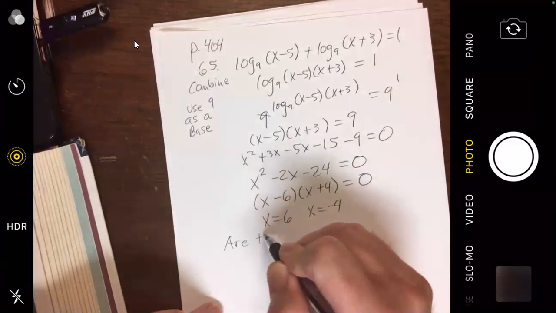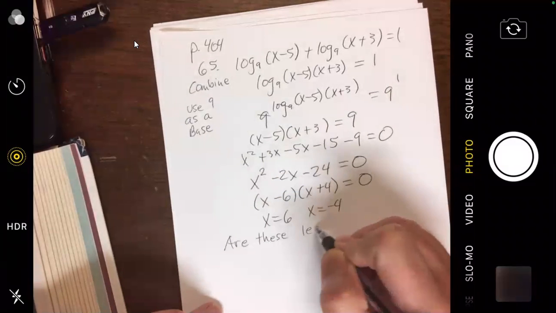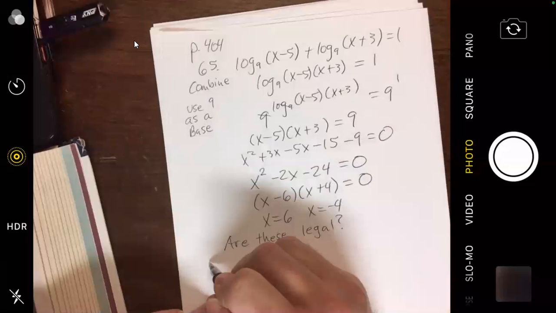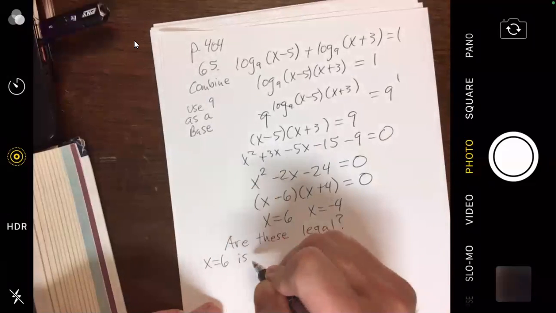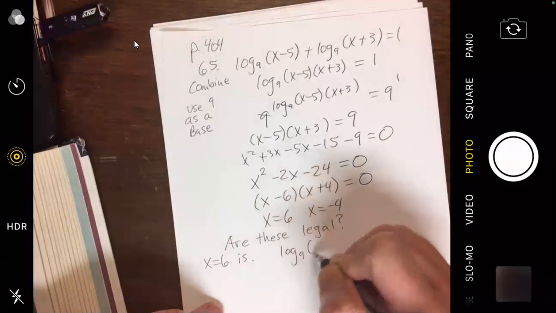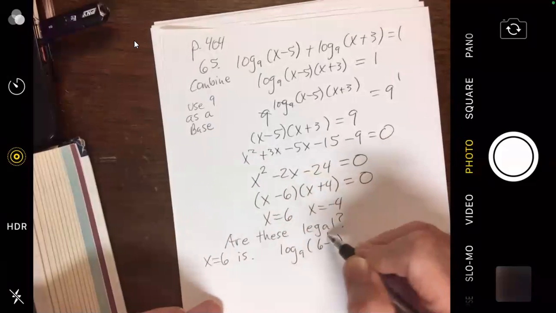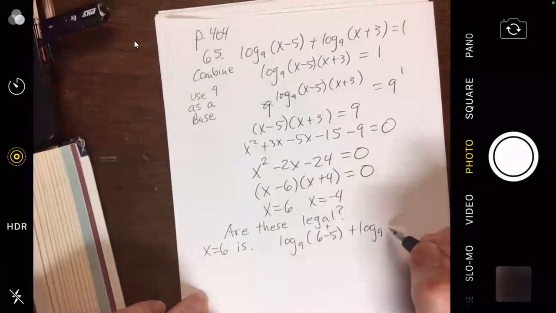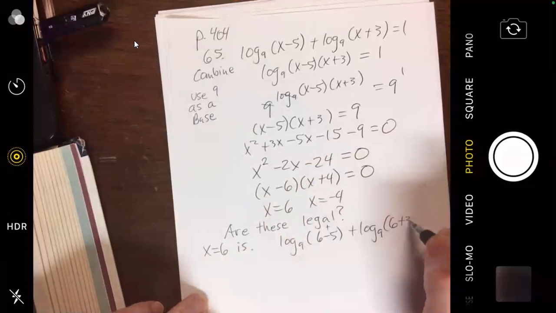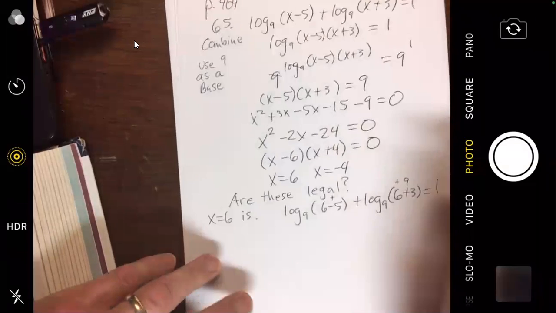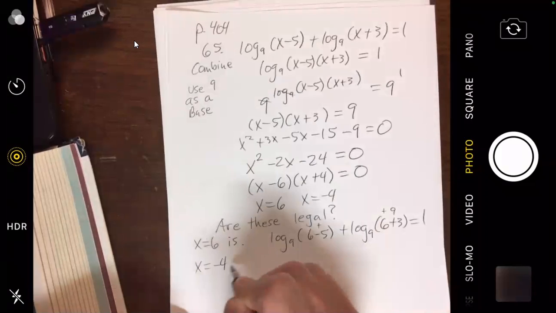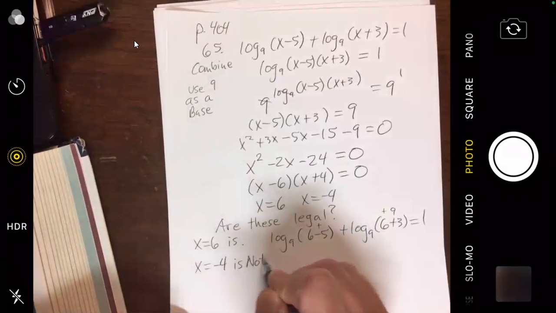Are these legal? Well, x equals 6 is log base 9 of 6 minus 5. Let's see, that's positive. Plus log base 9 of 6 add 3, that's 9. That's positive. It's supposed to come up 1. All right, but x equals negative 4 is not legal.